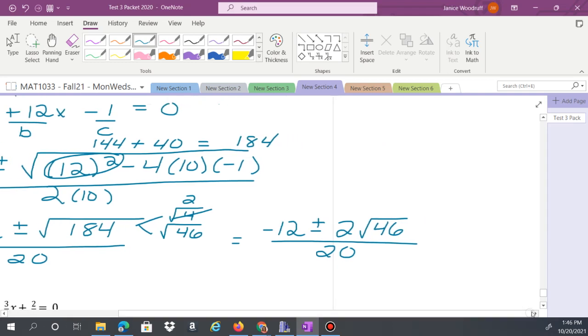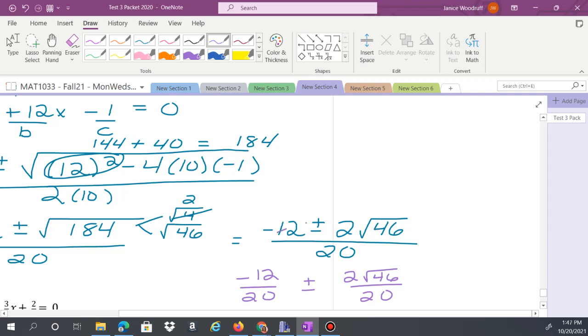Now, do you suppose that I could reduce any of these? Yeah, you could reduce it. You can break this out like this if you want, negative 12 over 20 plus or minus 2 root 46 over 20, and then reduce individually. Or you can do it all at once. They're all divisible by 2. You ignore the radical, though, because that is like a variable, okay?